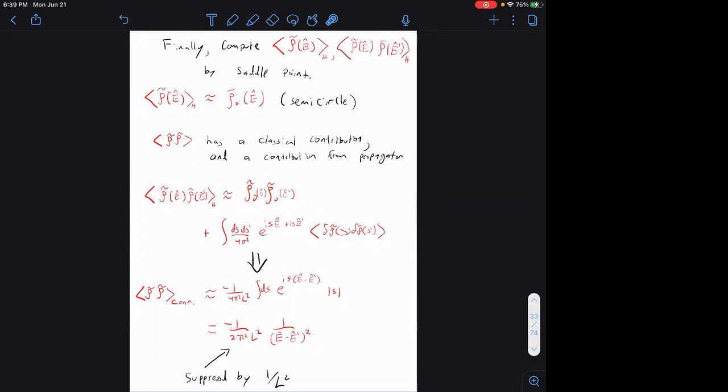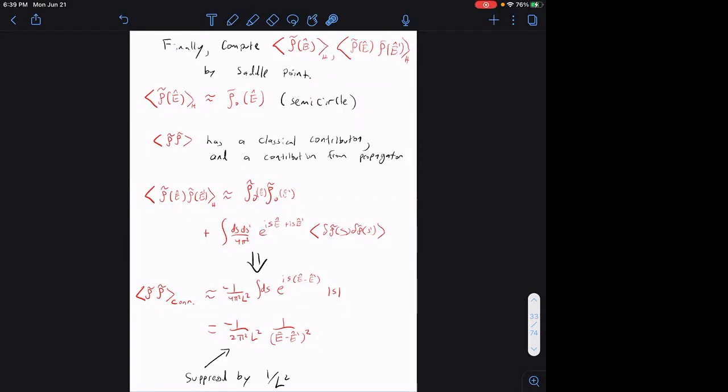And then if we use this result we found for this propagator, we find this contribution to the pair correlation function, rho rho. So this contribution is minus 1 over L squared times 1 over the energy difference squared. So notice that here it's suppressed by L squared.